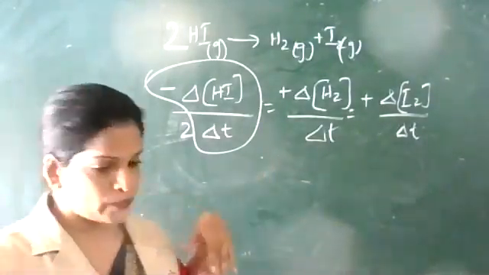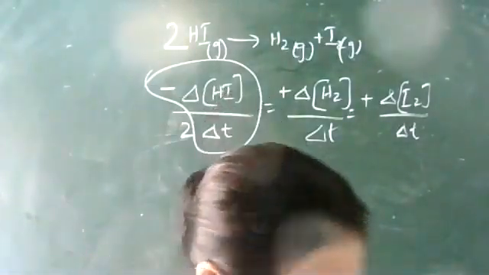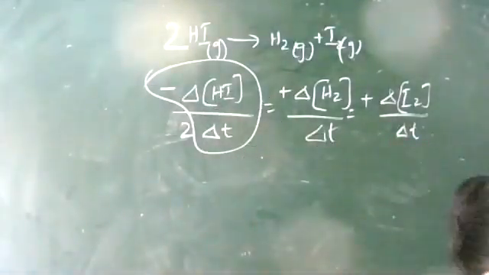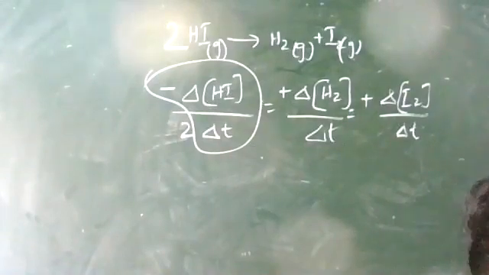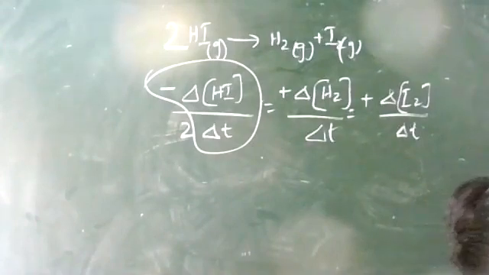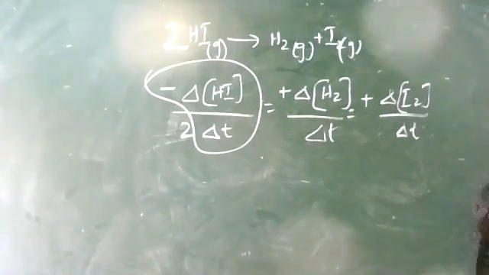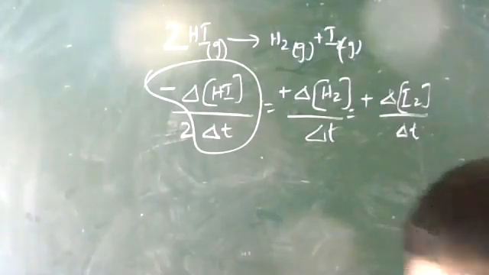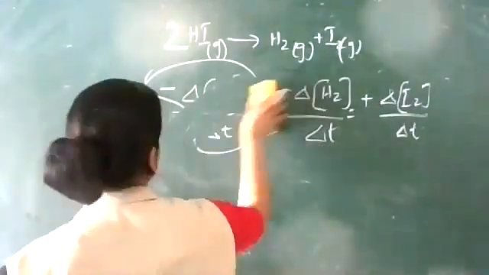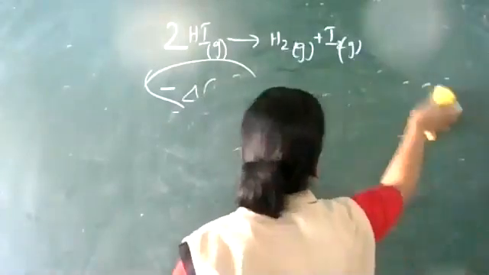Write down one equation. N2O5 gives NO2 and O2.